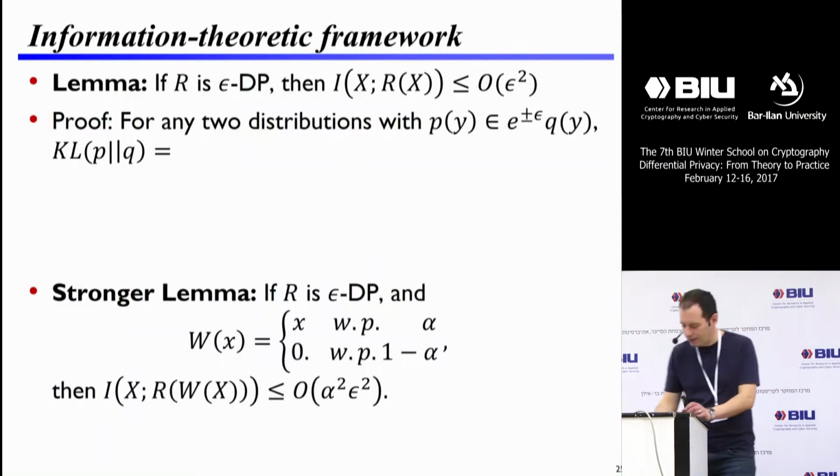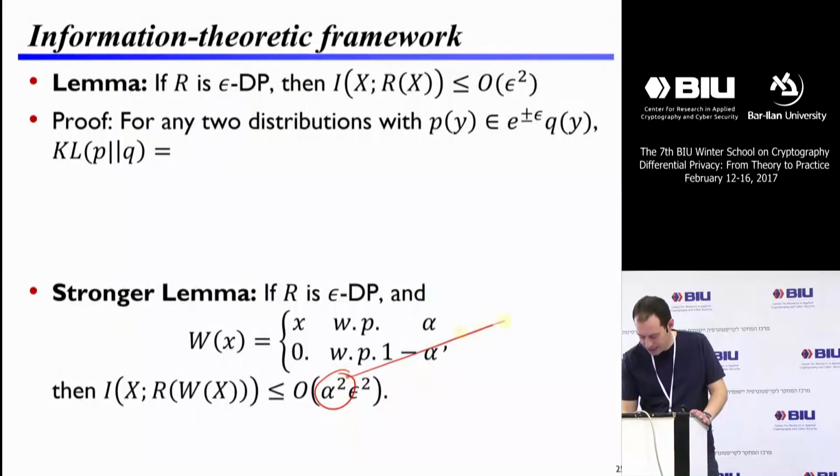And somehow this alpha squared is really what matters. This is the thing that'll give us the square root of n scaling in our error bounds later.